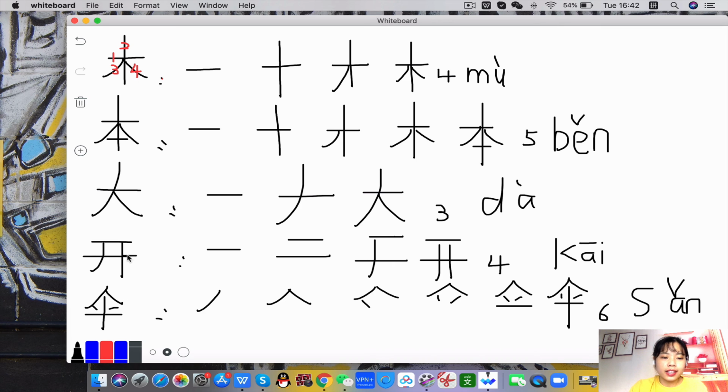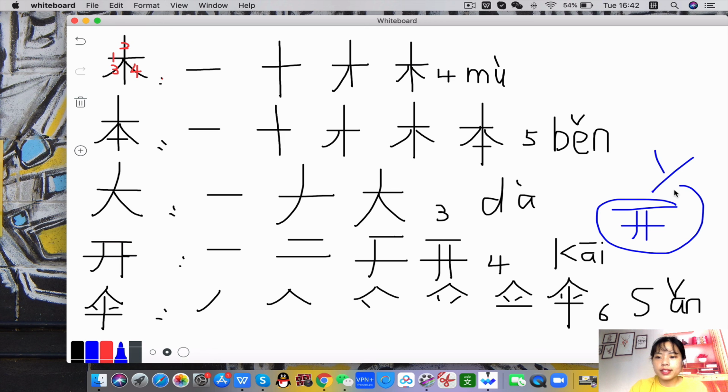The second 横 is longer. If you write it like this, for example, the first is longer and this is short, this is wrong. It's not correct. So you need to remember the second 横 is longer than the first one. This one we call 开心的开.